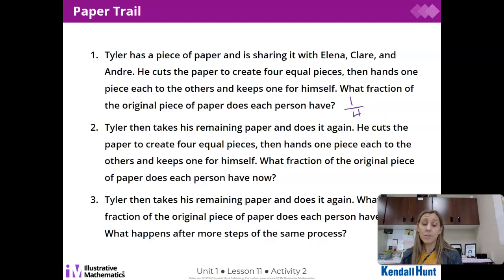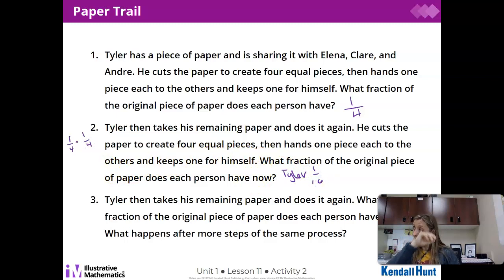Tyler then takes the remaining paper and does it again. He cuts the paper to create 4 equal pieces, then hands one piece to each of the others and keeps one for himself. What fraction of the original piece of paper does each person have now? Hit pause and answer that question. If Tyler takes that remaining piece of paper and cuts it into fourths, a fourth of 1/4, and when we say of, it means multiplication, so Tyler has 1/16 of the paper.